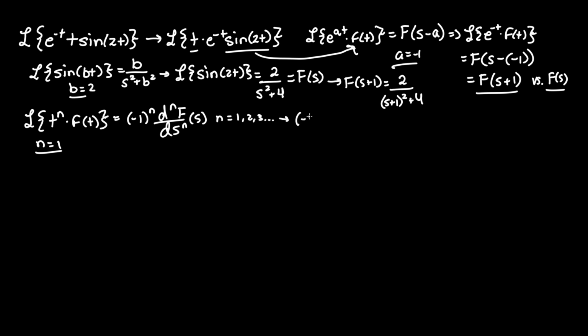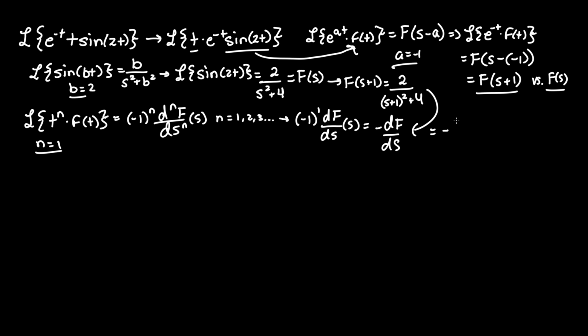So it becomes -1 to the power of 1 times the first derivative of F with respect to s, and effectively negative dF/ds. So we've got to take our F of s plus 1 term and take the derivative of this entire fraction and throw a negative sign in front of it. Though this may seem complicated at first, it's just basic Calc 1.